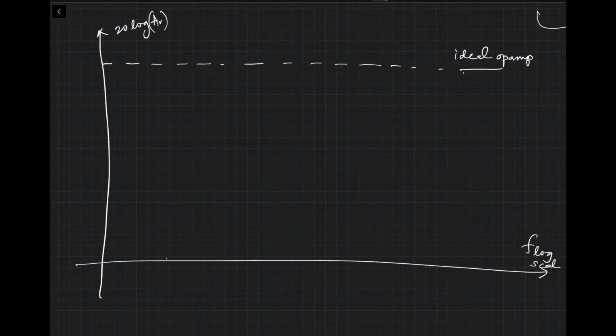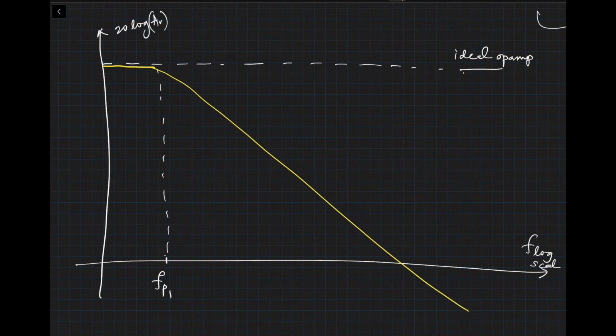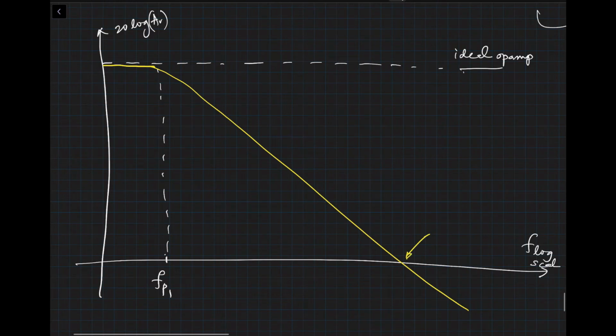And if we have first pole, which is FP1, then from that point onwards we will start dropping and the yellow characteristics happens, something like this. And this is going to be our F unity gain frequency.